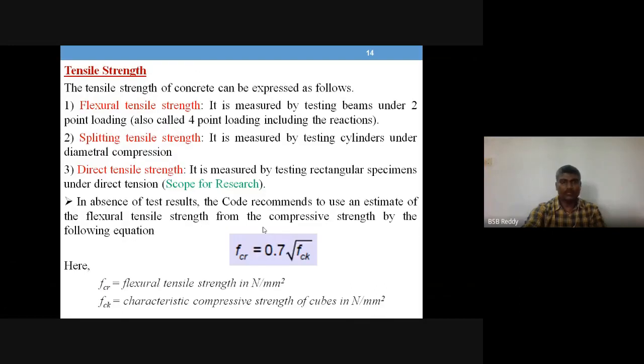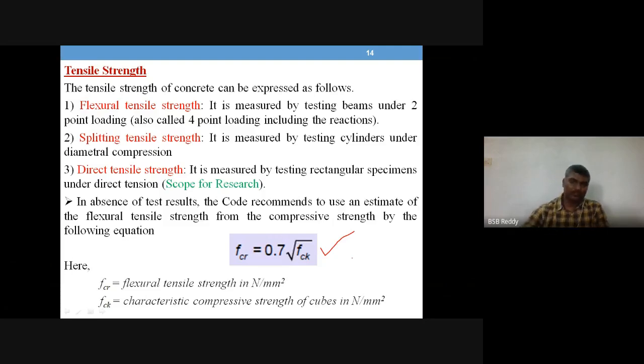Then tensile strength: what types of tensile strengths are available, and the relation that you need to use in the absence of test data, this is the relation that you can use for flexural tensile strength of concrete.